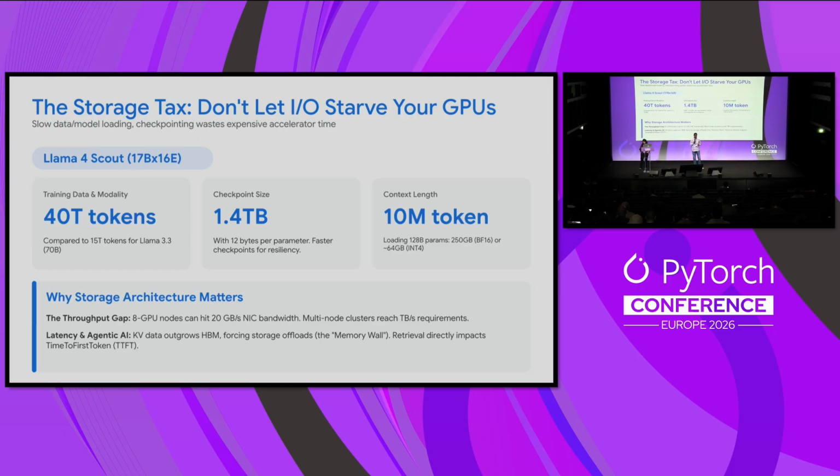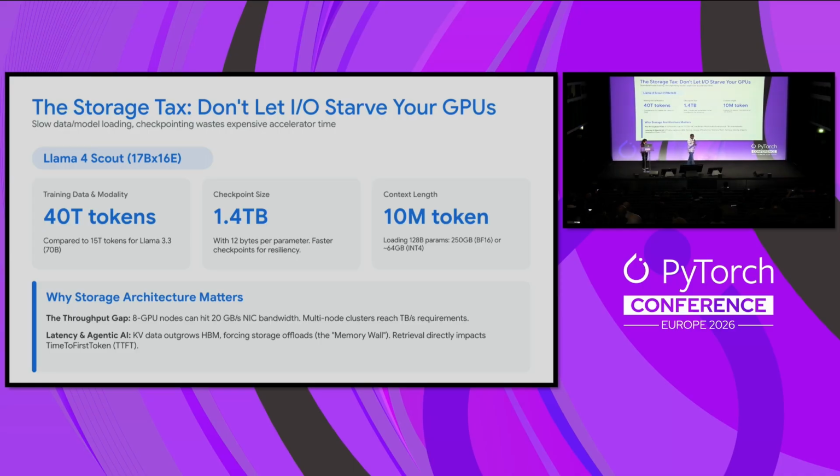Let me take Llama 4 Scout, which has 17 billion active parameters, even though it's a 109 billion parameter mixture of experts model. It's trained on 40 trillion tokens, which is 3 times the training tokens for Llama 3.3 70 billion. So your training data size is increasing, almost multiplying.